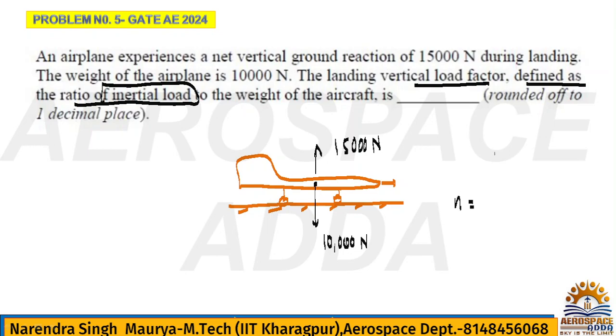So what is the inertial load? The ground reaction force, and only two data they have given. So here the inertial load will be the vertical ground reaction force, which is 15,000, divided by the weight, given as 10,000. How much? It's, I think, 1.5. I think this is the correct answer.